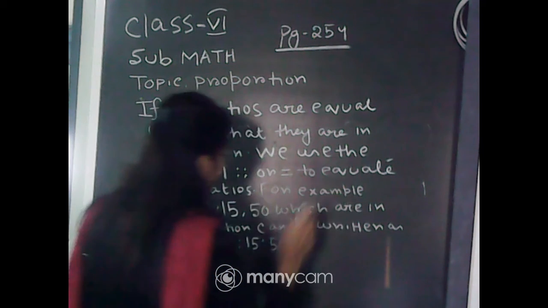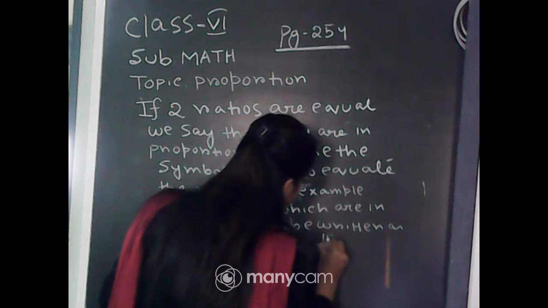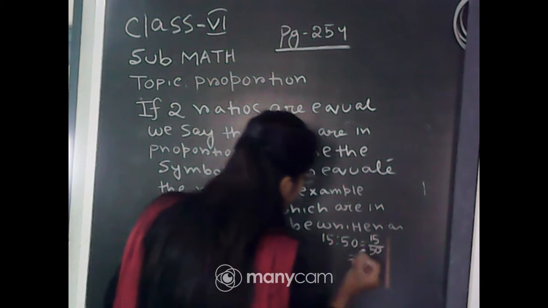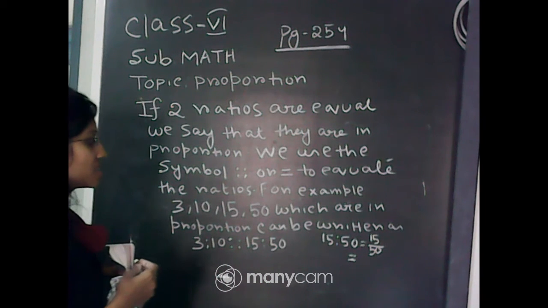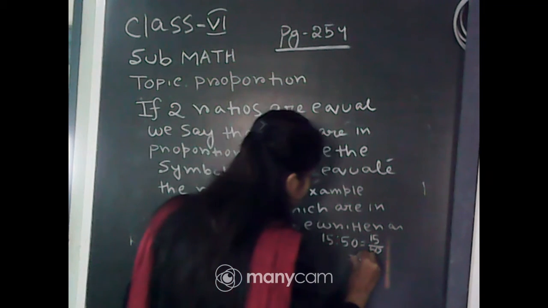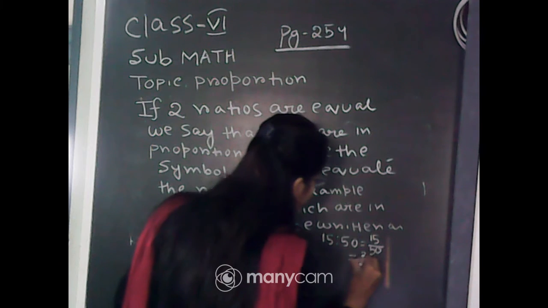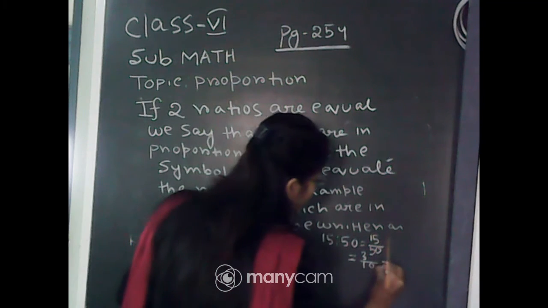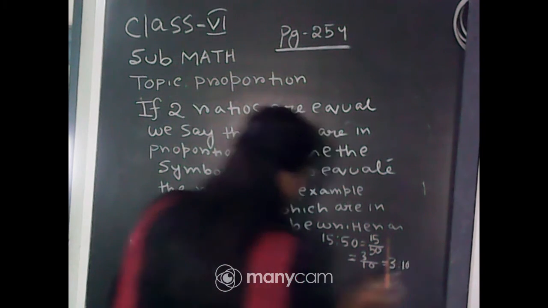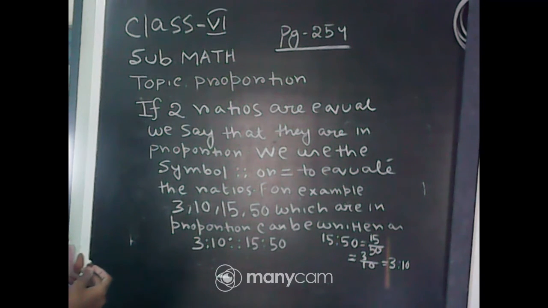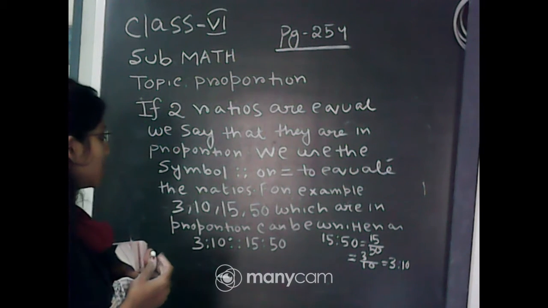The quantities are in proportion because 15:50 is equal to 15 divided by 50. Now we find that HCF of 15 and 50 is 5. Therefore, we divide both the numerator and the denominator by 5 and we get 3/10. Here both the ratios are equal, so they are in proportion.